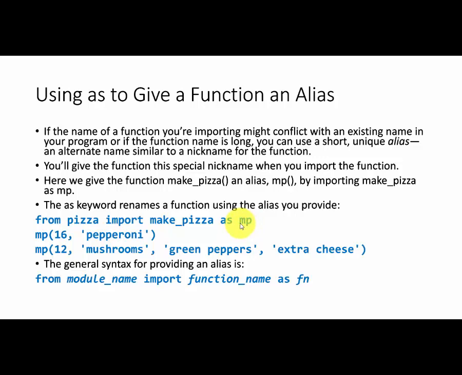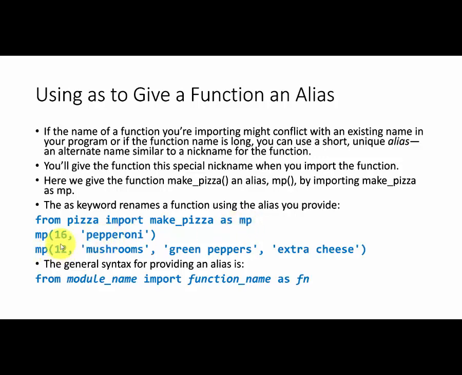So instead of calling the table name completely, like employee, I use only E. So with that, E dot ID, E dot name, E dot phone number, like that I can use the attributes of the table. So similarly here for this function name, instead of calling make underscore pizza every time, make it short, as I'm indicating as MP.